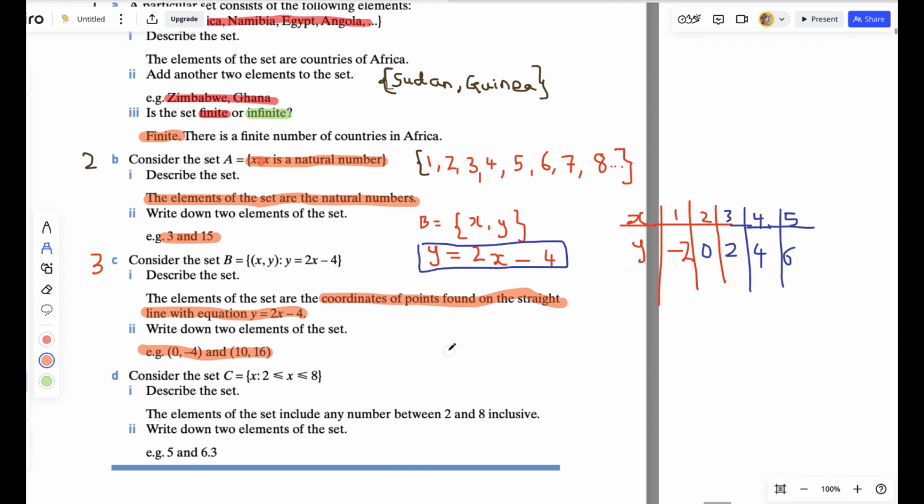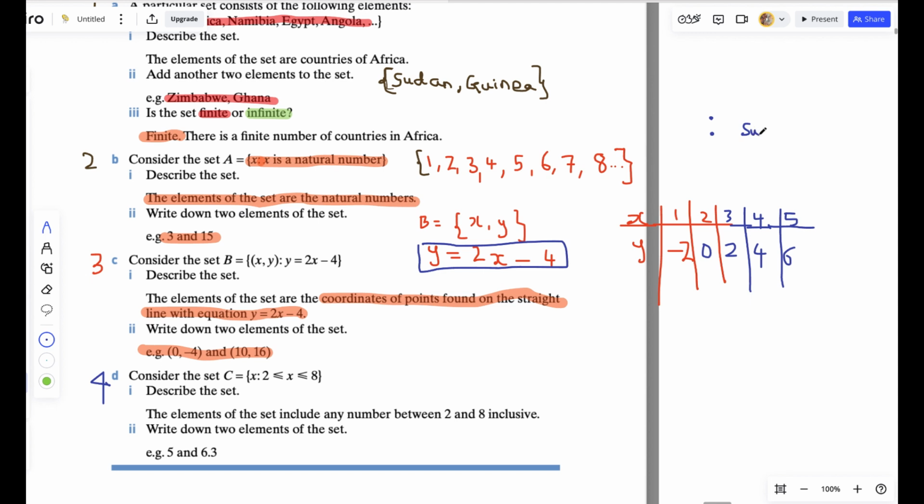Okay, now let's go to another question, question number 4. Here it says consider set C. Set C equals x such that, and remember this colon means "such that." Please pay attention: this colon means such that.